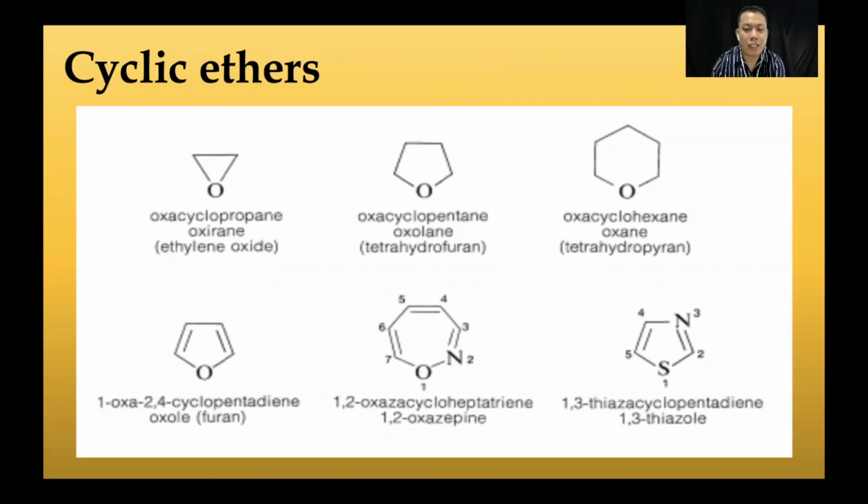And then you have here 1,2-oxacycloheptatriene or 1,2-oxazepine. Though we will no longer be studying how they came up with such names. The point is that you have to look into the different cyclic ethers. Okay.